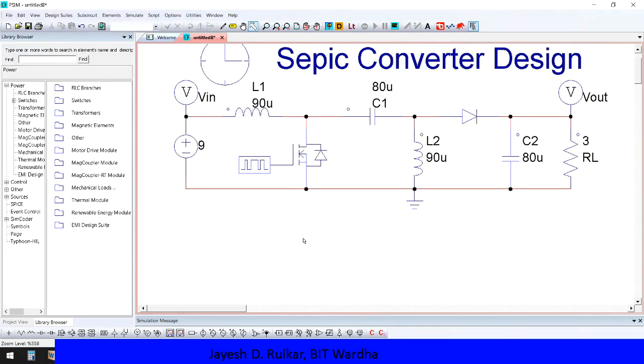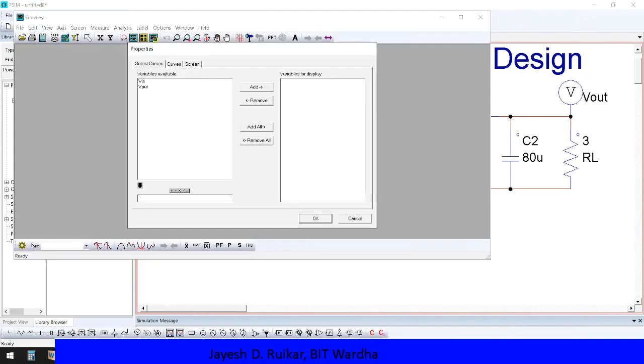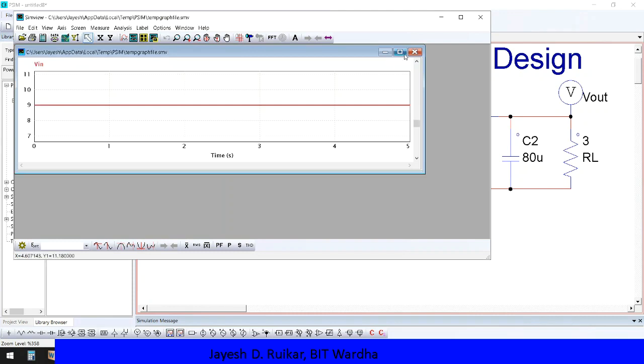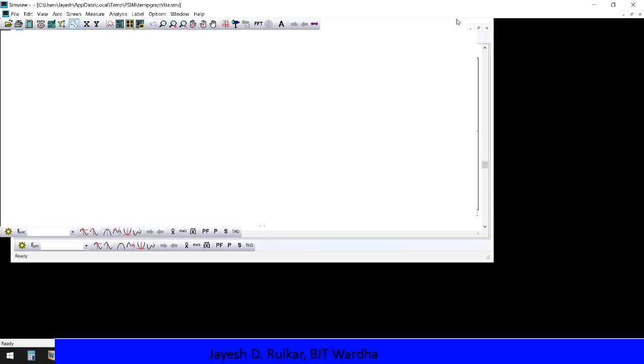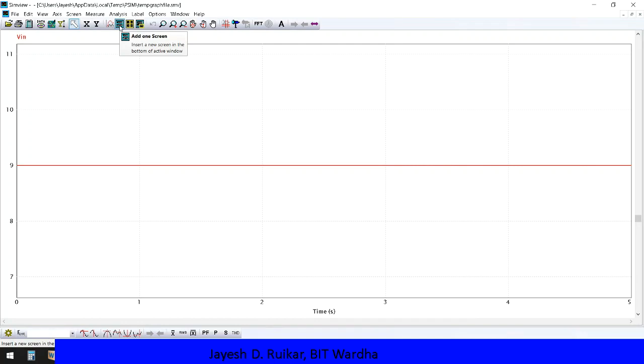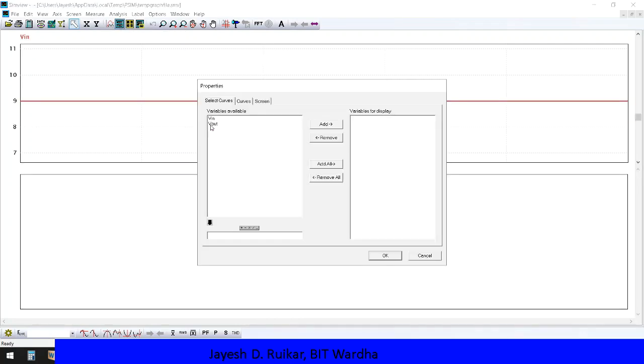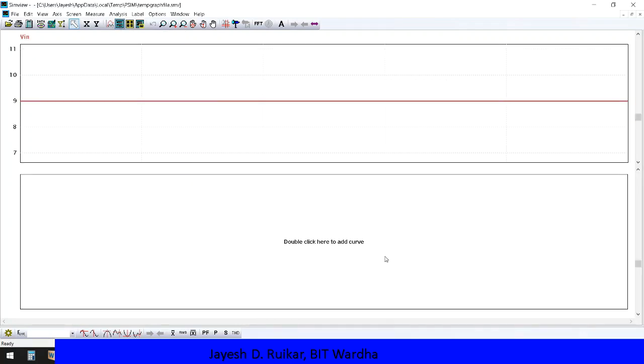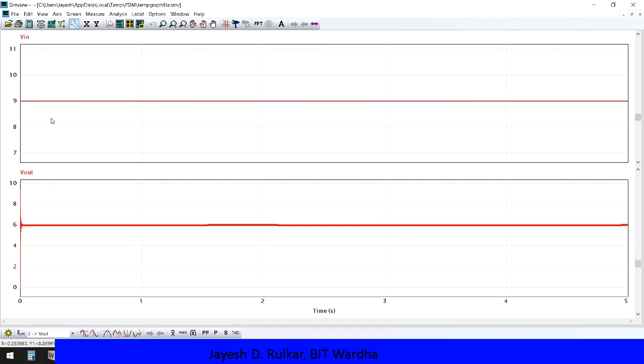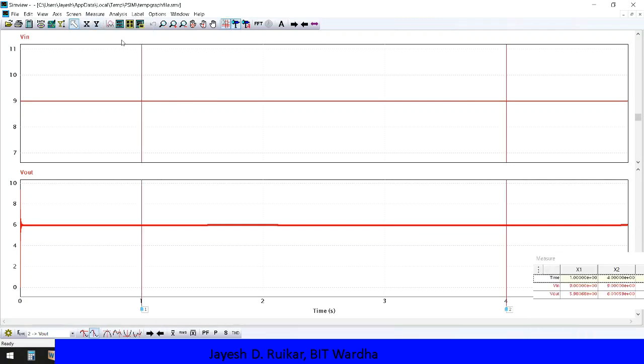So we have run this simulation. We'll see the measure of V in. Along with V in, if you want to measure other waveforms, you just click over here, add one screen, and in that screen you can take V out. In parallel, you can see this is V in and this is V out. You can measure the output voltage.